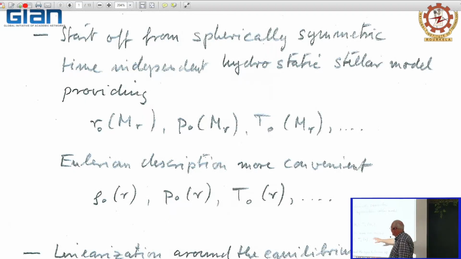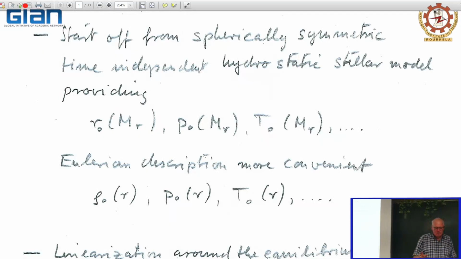So rather than writing r0 as a function of m, and rho and p as a function of m, we replace them by density as a function of radius, and pressure as a function of density and temperature. Of course, this can be done by simply rearranging variables in our models, which we have determined prior to the investigation of the stability and the perturbation.